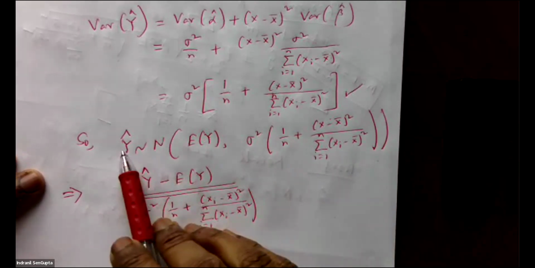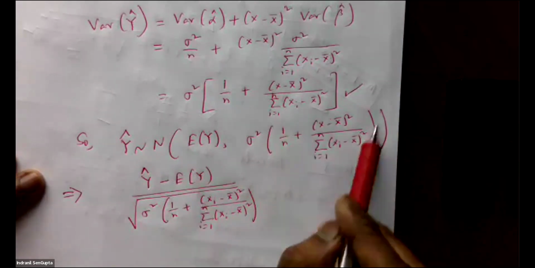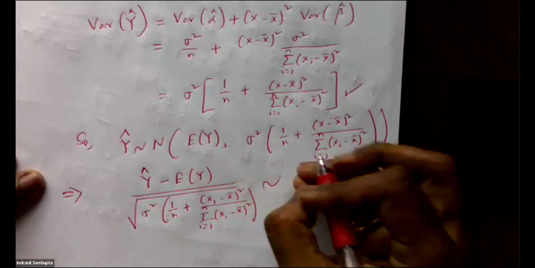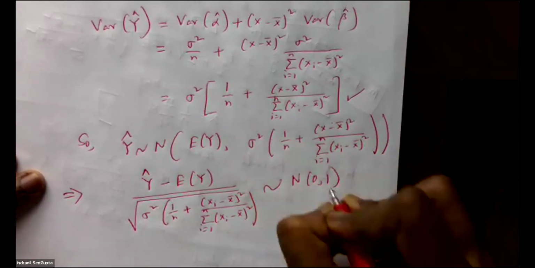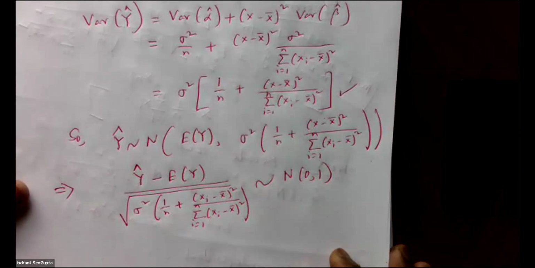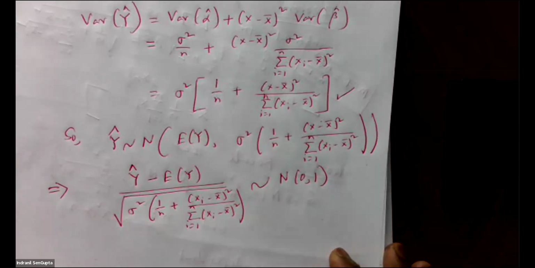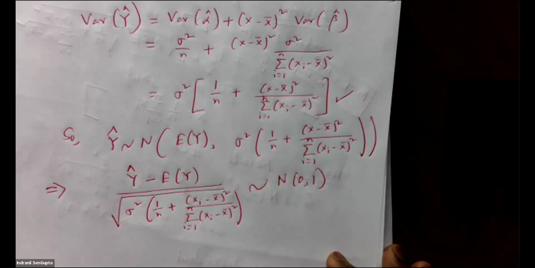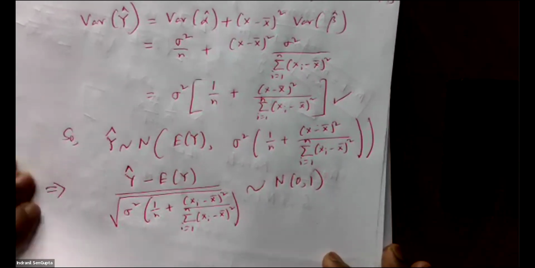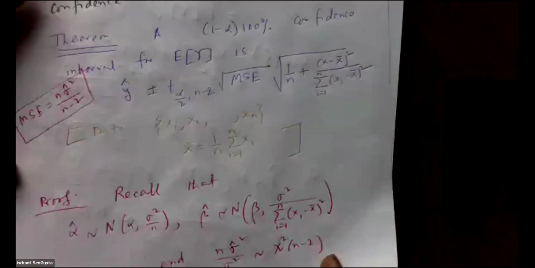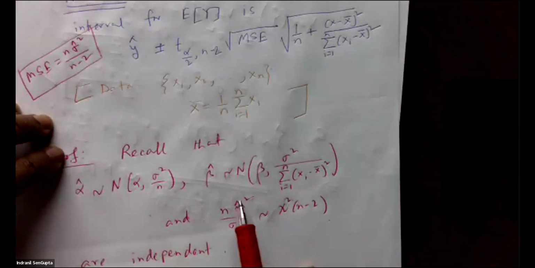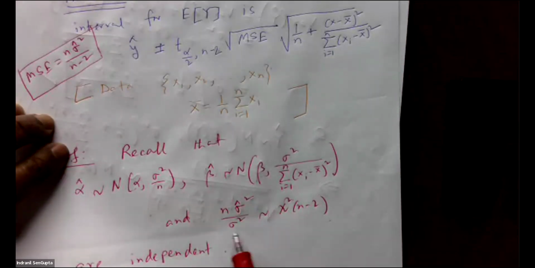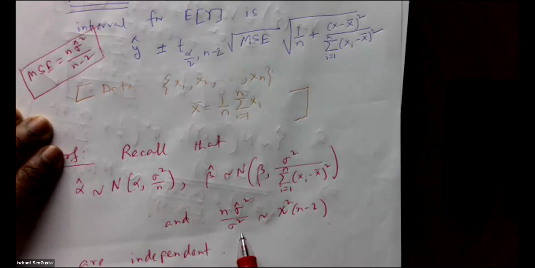So I subtracted the mean and divided by the square root of the variance. So this follows a normal distribution with mean 0, variance 1. Right? Now, originally we have seen that alpha hat and beta hat are independent.